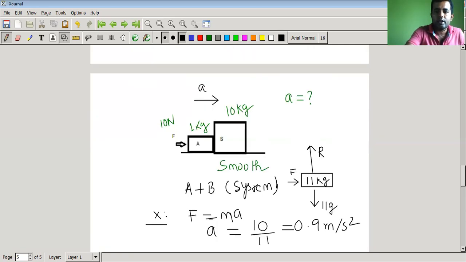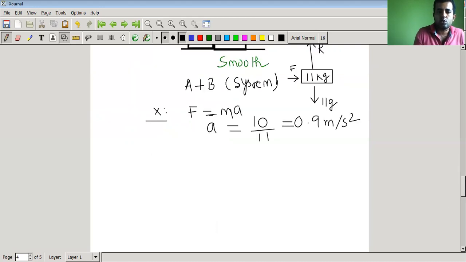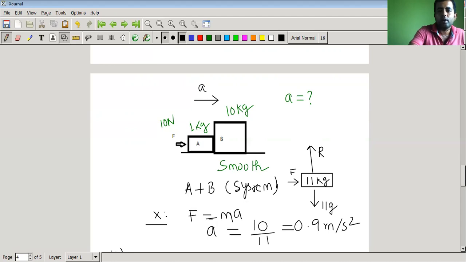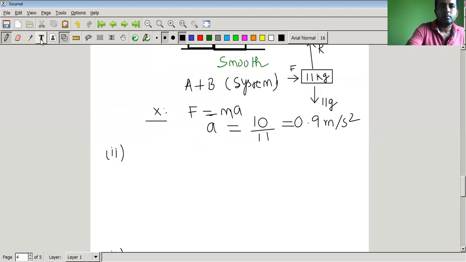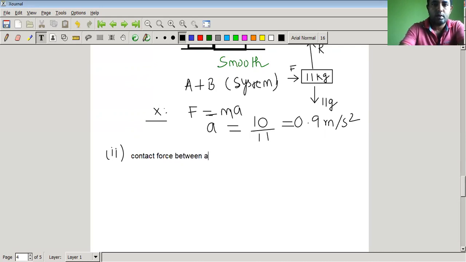Suppose in the same question you have to calculate the contact force between A and B. So next, let us say the second part, you have to calculate the contact force between A and B. Now how do we deal with that?